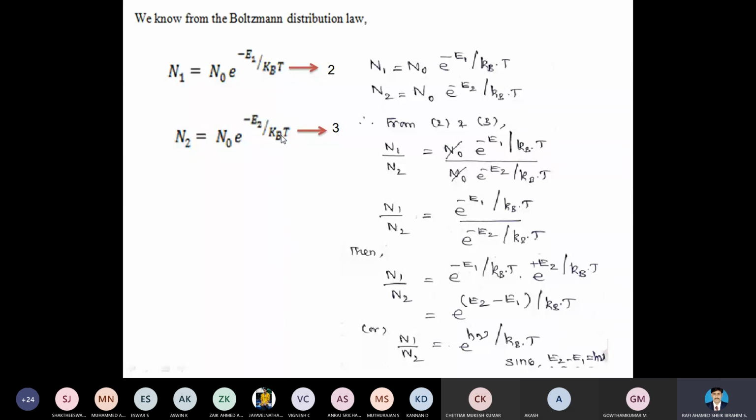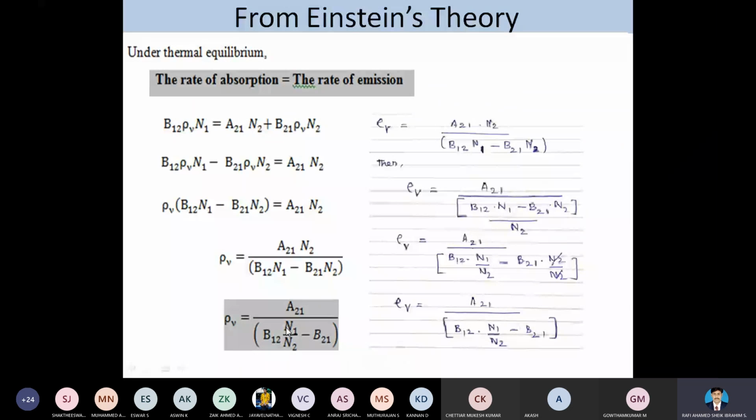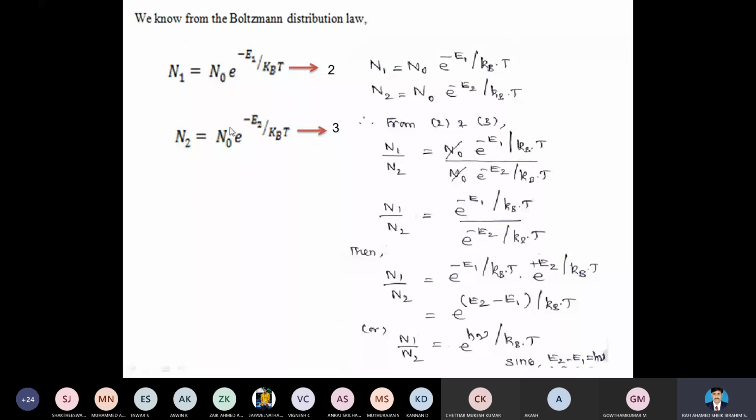But for our case, the N is classified into 2: one is N1 and another one is N2. So we have to make the N value as N1 and N2. N1 is equal to N naught e to the power minus E1 by kBT. I have taken as condition number 2.